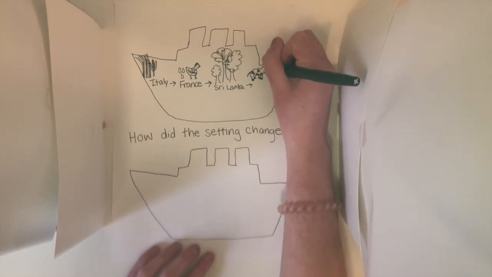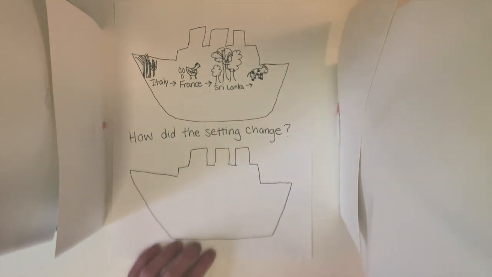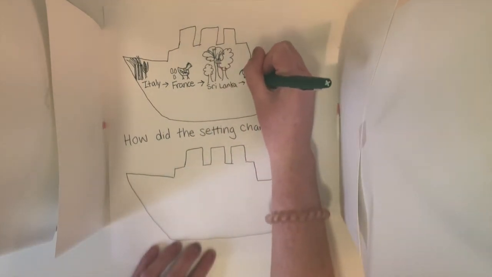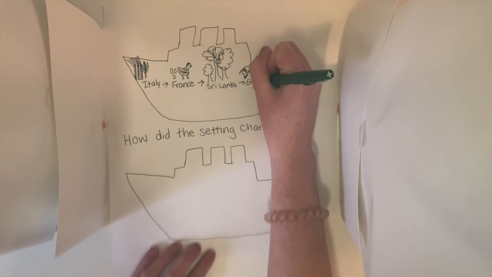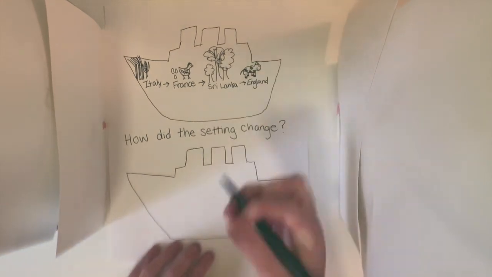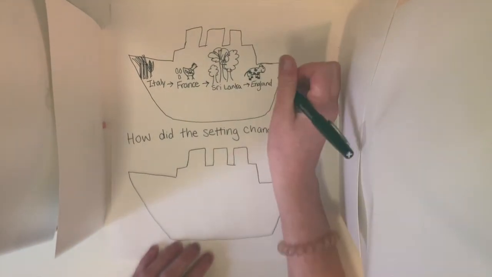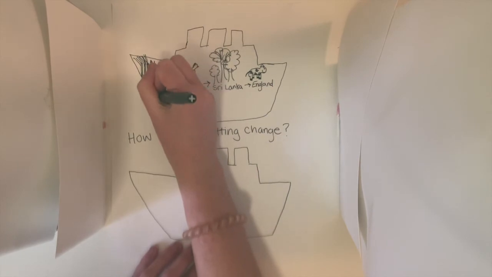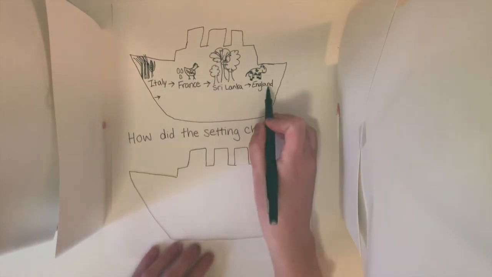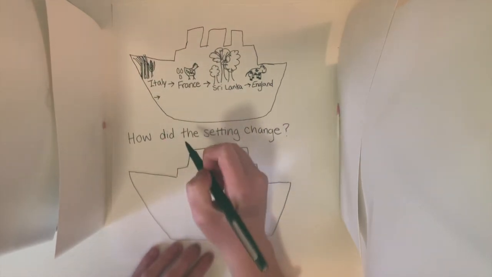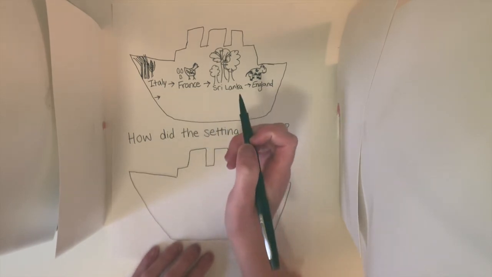And some ears. And then I will write England. And now I'm out of room. So then I'm going to go to the left and draw an arrow to represent I went from England to, where did she go next?